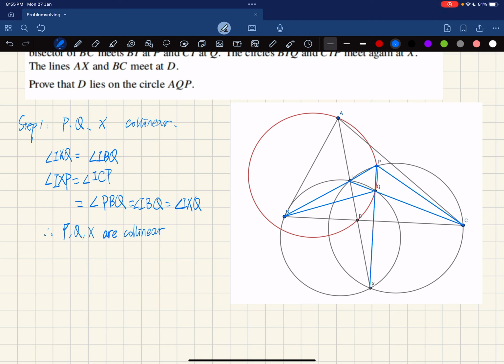So this means X lies on the perpendicular bisector of BC. Then we have to show that X lies on the line AI. So it means that A, I, X are collinear, right? So this is step 2. What kind of methods can we use?